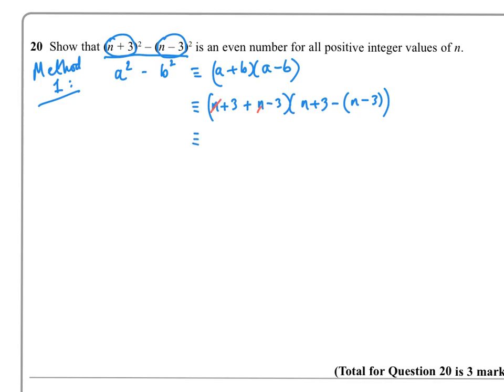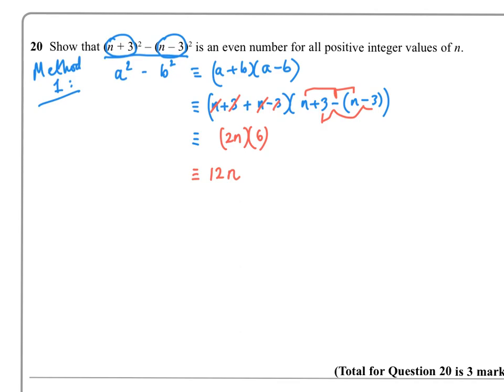So you'll have 2n, because the 3's cancel, multiplied by, be very careful here, n minus n is 0, and 3 minus minus 3 is 3, add 3, which is 6, which gives you 12n.